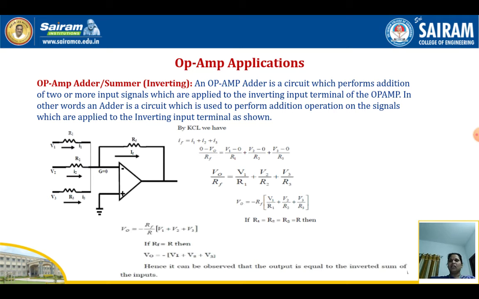Again, if we make RF equal to R, RF and R get cancelled, and we get V0 is equal to minus (V1 plus V2 plus V3). Hence it is observed that the output voltage is the inverted sum of the input voltages. Finally, from this output equation I can conclude that the output is the sum of the input voltages applied at the inverting input terminal.